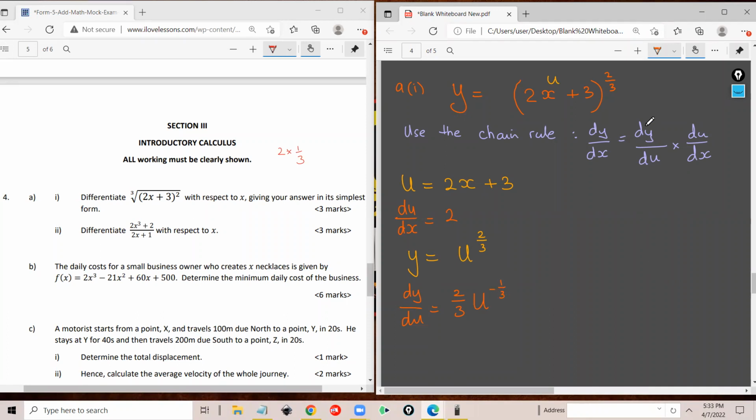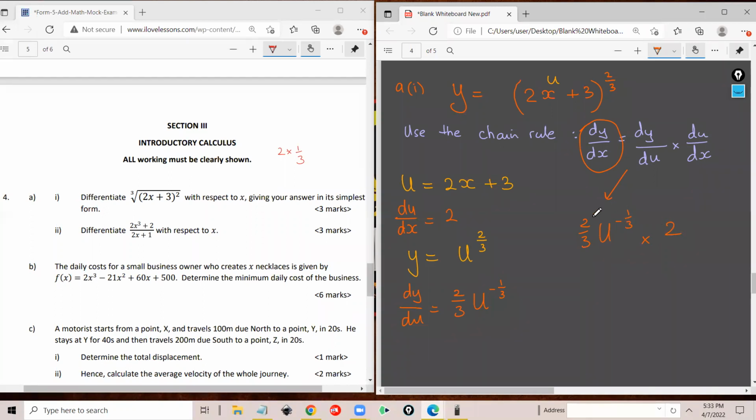All we have to do is throw it into this formula now, right? So to find dy/dx, which is what we want to find, we just have to take dy/du, which we have here, which is 2/3 u to the power minus 1/3, times du/dx. Where is that? That's 2. We multiply these two, and we basically almost finished there.